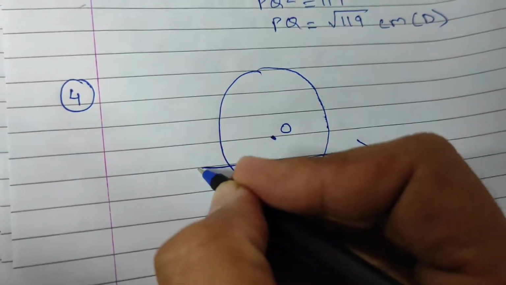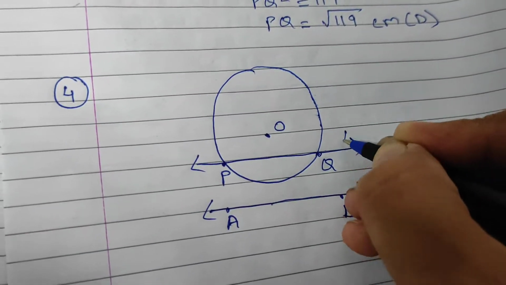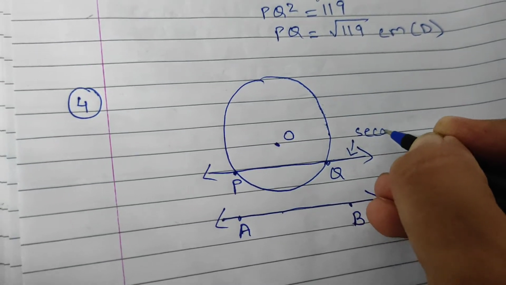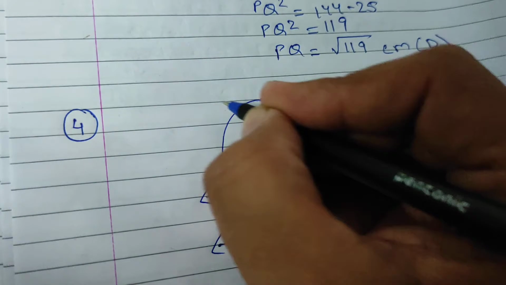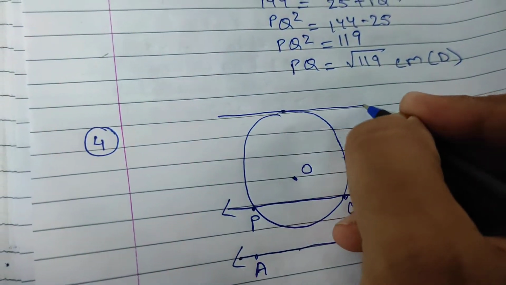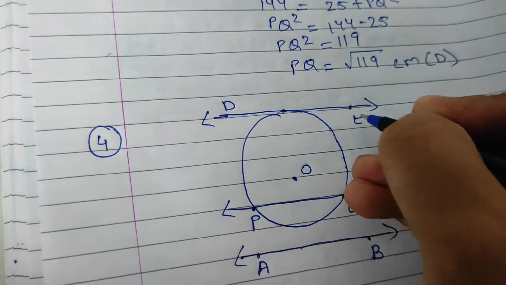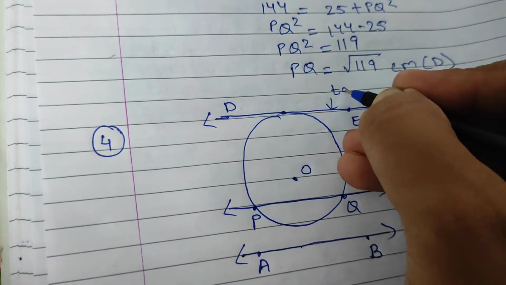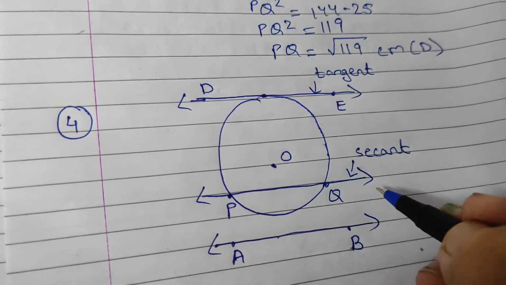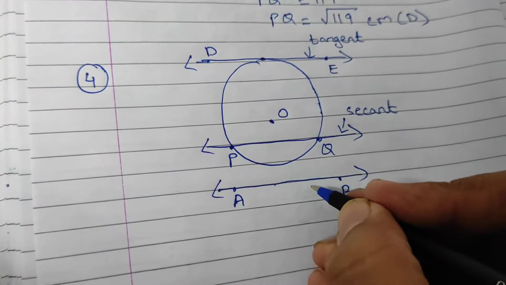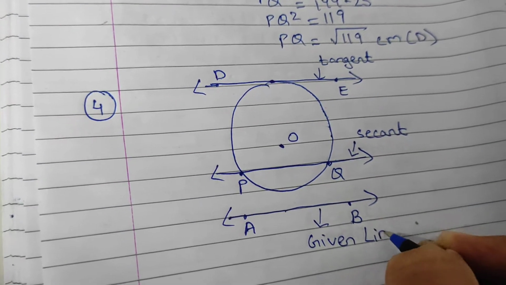So PQ is a secant and the other line should be a tangent. Right, so I'll draw from here. So line DE is a tangent. So in short, मैंने एक circle बनाया है and 2 lines, one is tangent, one is secant, and both are parallel to my given line. So we just have to draw it.